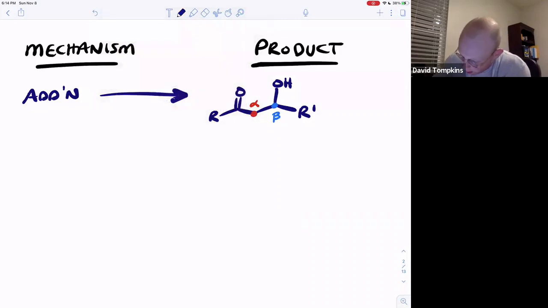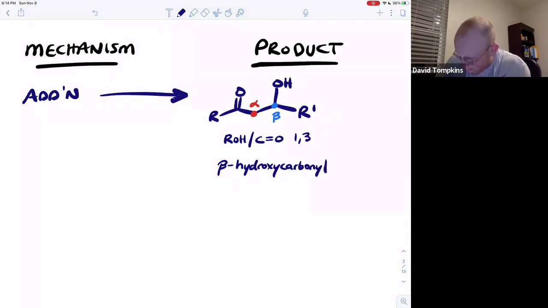So for aldol, I want you to think alcohol and carbonyl are in a 1-3 relationship. Okay, the best name for that functional group is a beta-hydroxycarbonyl. So this is the addition product. Because there's no leaving group, we just protonate this O- to make an alcohol.